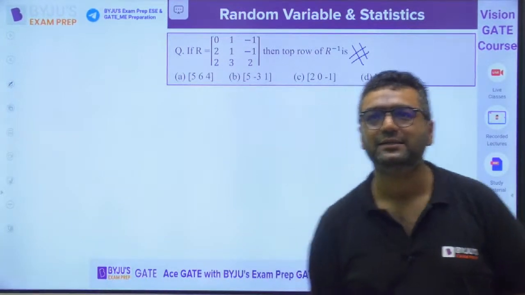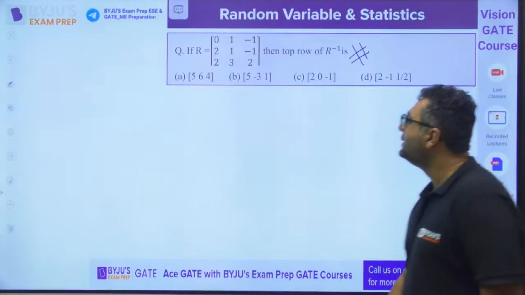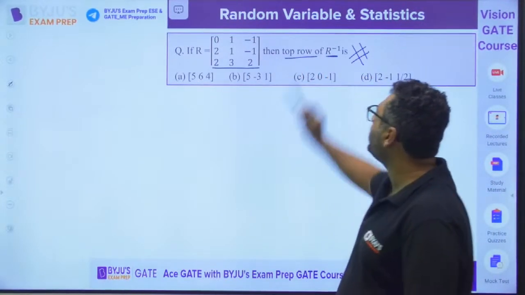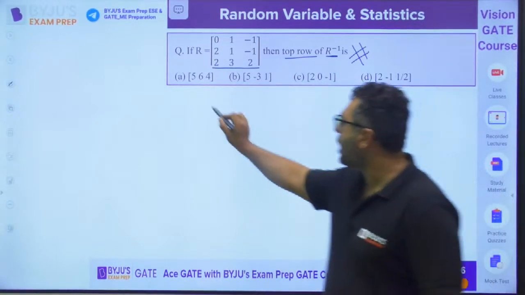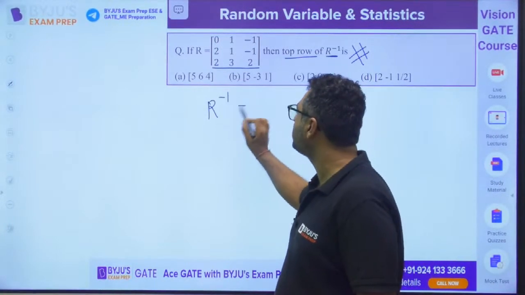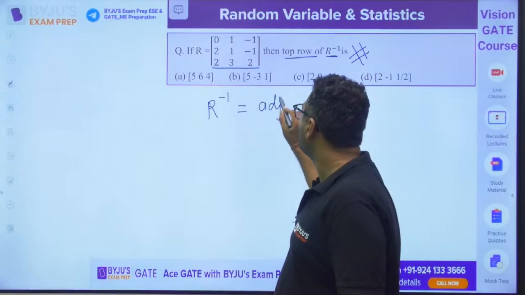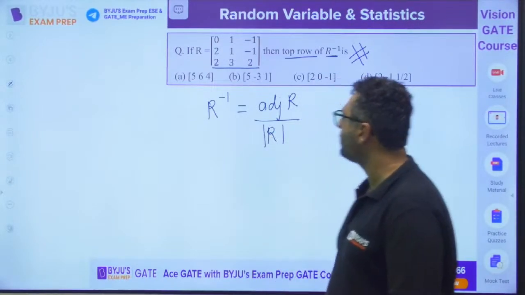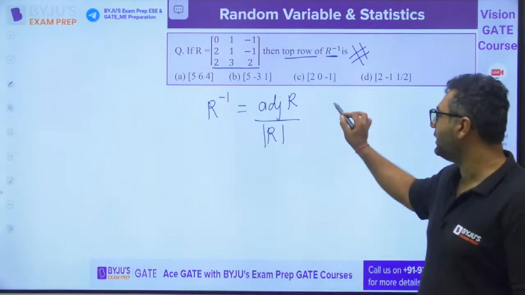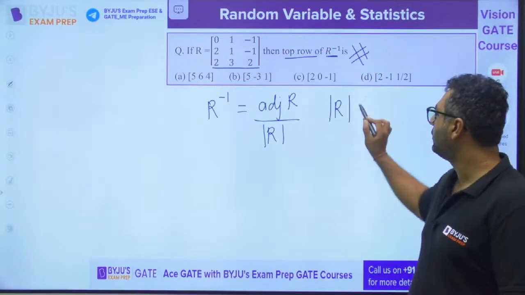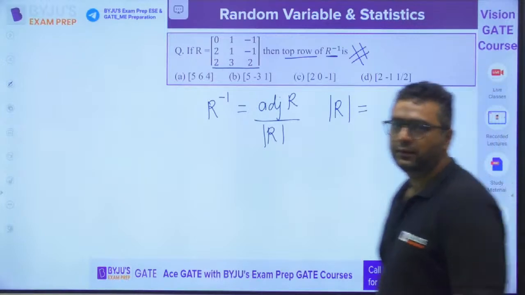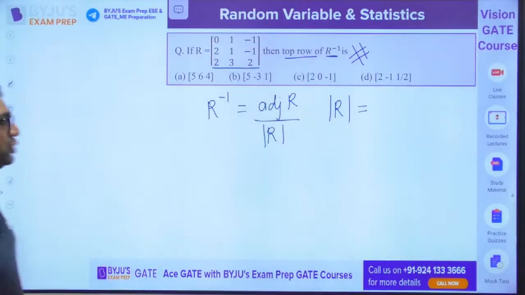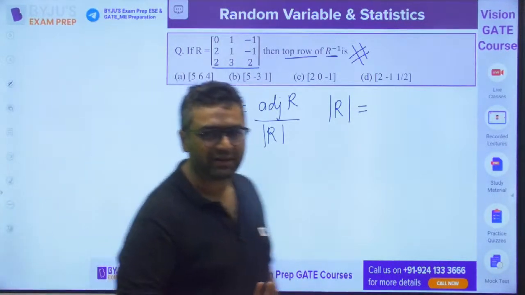Solve this question, guys. This is the R matrix given to us. Find the top row of R inverse. You know how you will write R inverse? Adjoint of R divided by determinant of R. First find out the determinant of R. Then you know that the adjoint is the transpose of the cofactor matrix.